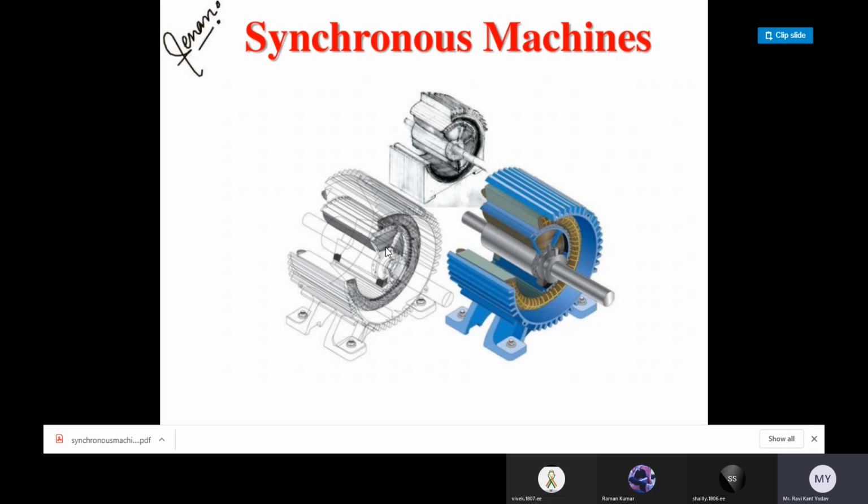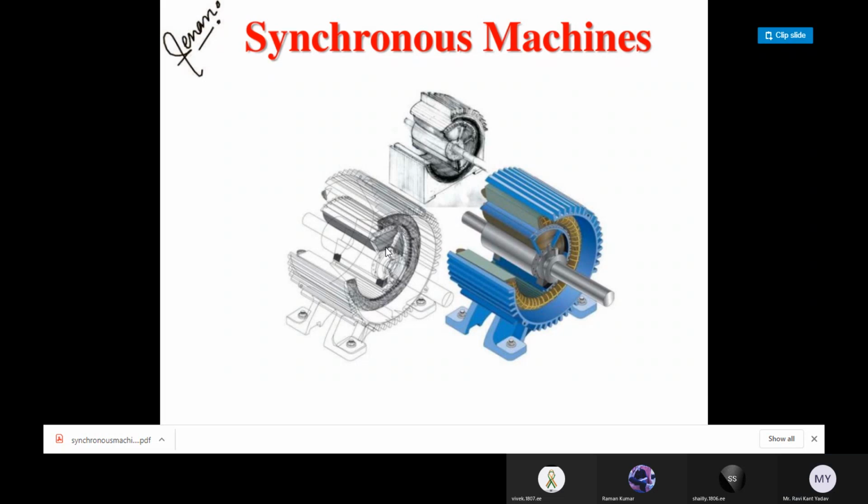But in a DC machine, the armature is on the rotor because of the commutation process for the commutator, and that creates a problem of limit. We can generate voltage only at a limited value. Beyond that, we can't generate DC voltage due to the sparking and commutation problem.